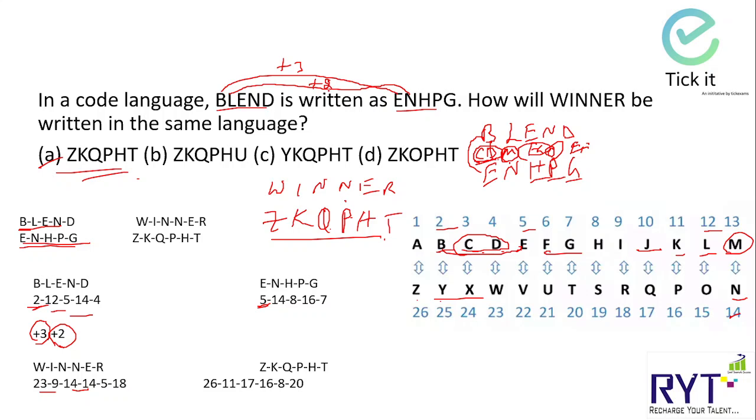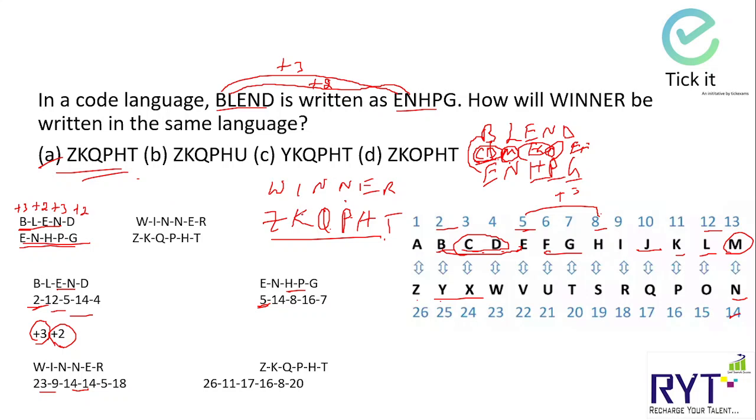By 2 steps, it has moved. Again, the third letter E has become H. E is 5, H is 8, so it is plus 3. So we can observe that the first letter is plus 3, second letter is plus 2, third letter is plus 3, fourth letter is plus 2, and so on.